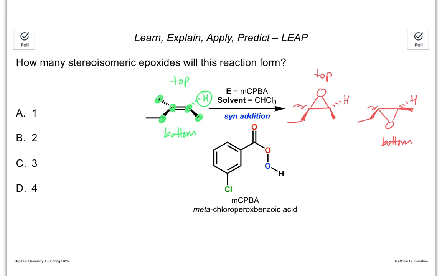Are they the same? Are they enantiomers, diastereomers? So we end up with 2, and they're mirror image isomers, so they're enantiomers.